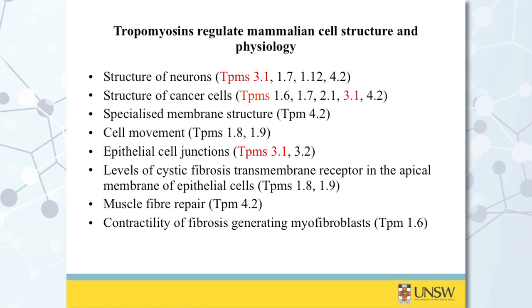Muscle repair relies on one specific tropomyosin, and the contractility of fibrotic structures created by myofibroblasts is also regulated by a specific tropomyosin. In other words, our bodies have selected different tropomyosins to do very specific different jobs that we rely on so our whole body functions effectively.